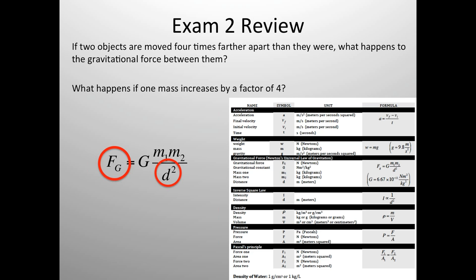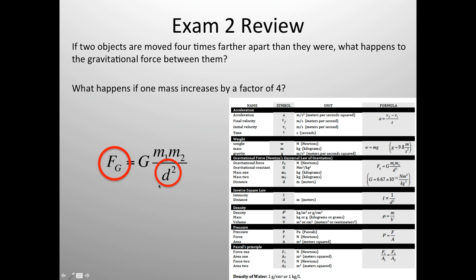They're going to go up and down by an exponential amount. So if two objects are moved 4 times further apart than before, that means that the distance has increased by a factor of 4, and the gravitational force will decrease by a factor of 4 squared, or 16. So if this goes up by 4, this goes down by 4 squared, or 16.